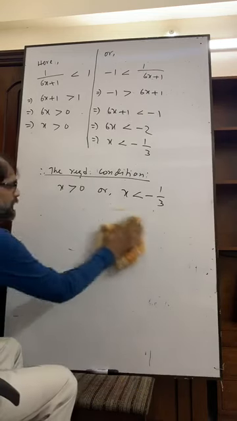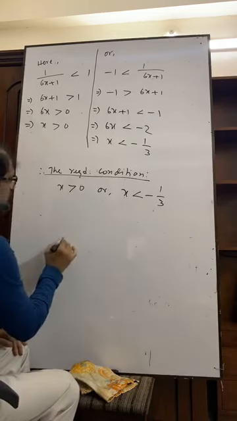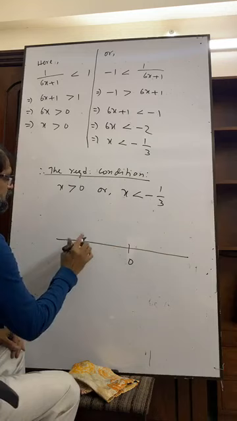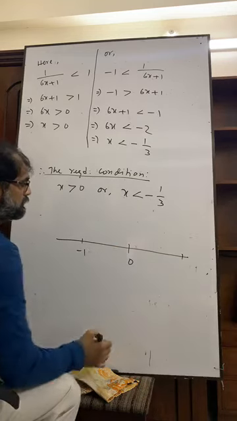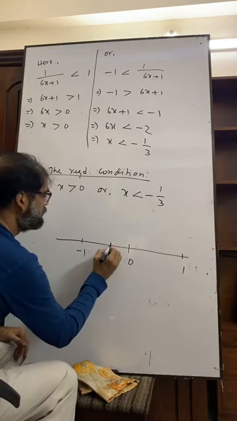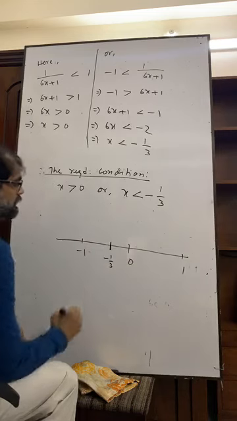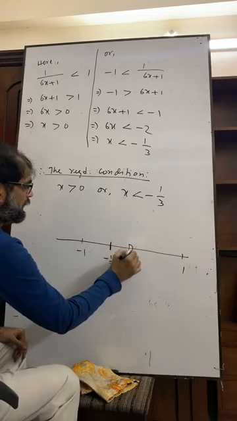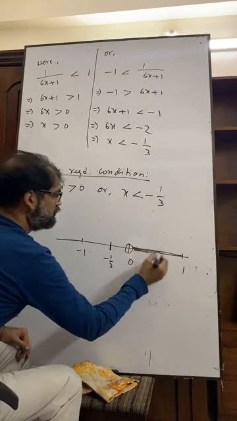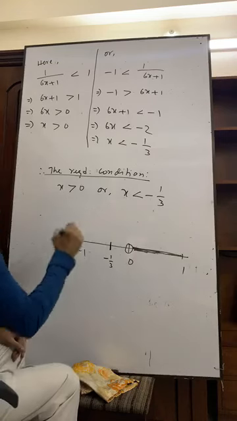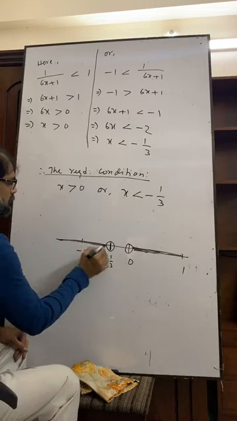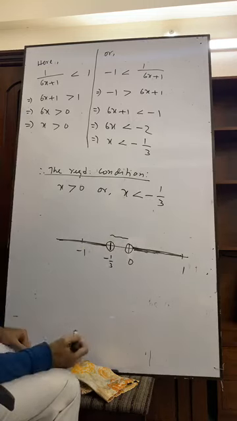Why is it wrong? Suppose this is 0 and this is minus 1, this is 1. Minus 1 by 3 is here. x greater than 0 means its right side. x less than minus 1 by 3 is the left side. See, the region between is empty.